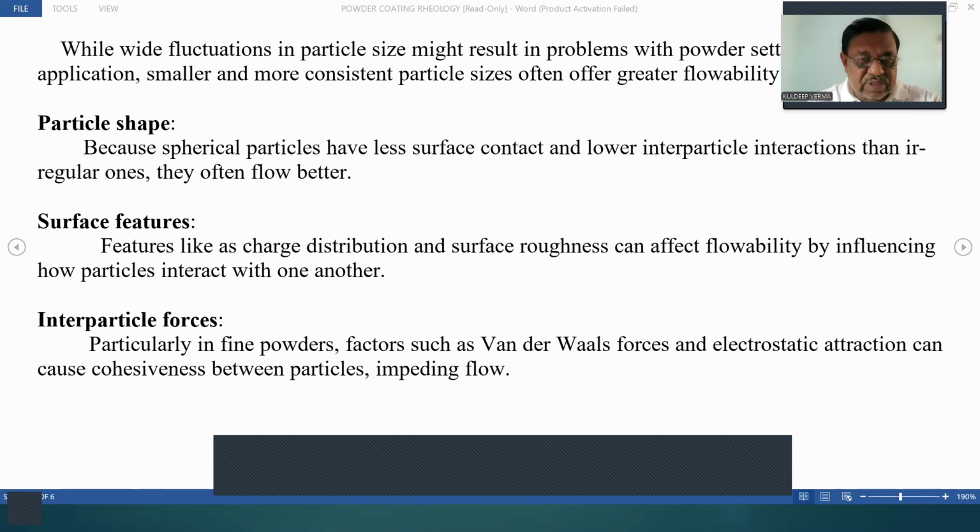Then interparticle forces. Particularly in fine powders, factors such as van der Waals forces and electrostatic attraction can cause cohesiveness between particles, impeding flow.